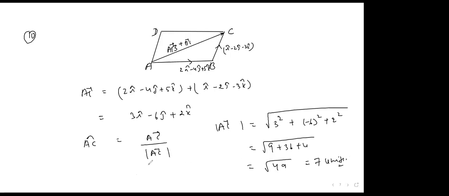We have to divide by 7 units. So AC cap will be 3 over 7 i cap minus 6 over 7 j cap plus 2 over 7 k cap. This one will be the answer.